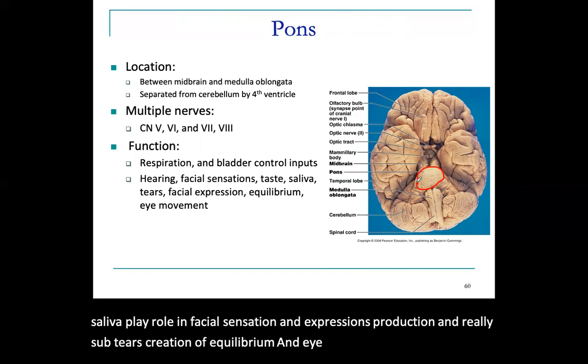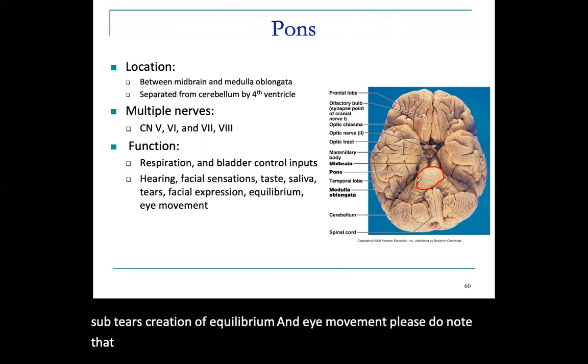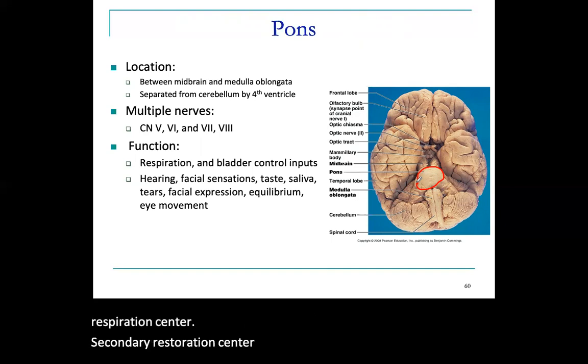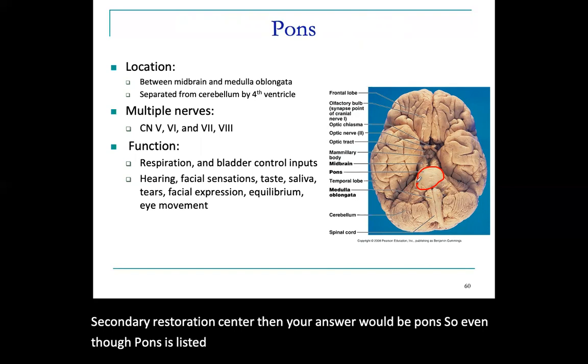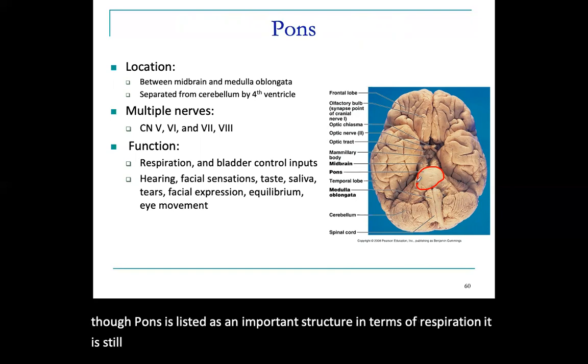Please do note that the typical exam question, if I use the word secondary respiration center, then your answer would be pons. So even though pons is listed as an important structure in terms of respiration, it is still secondary to your medulla oblongata, which we'll talk about momentarily.